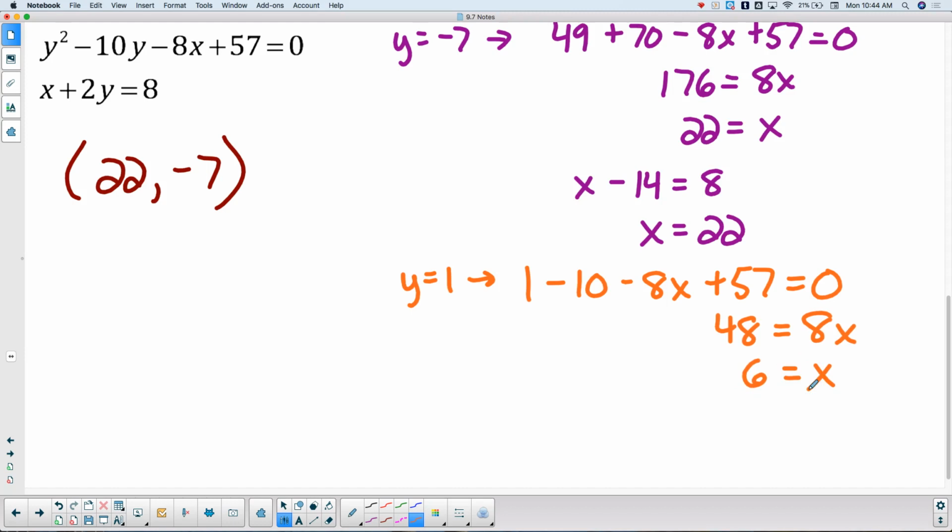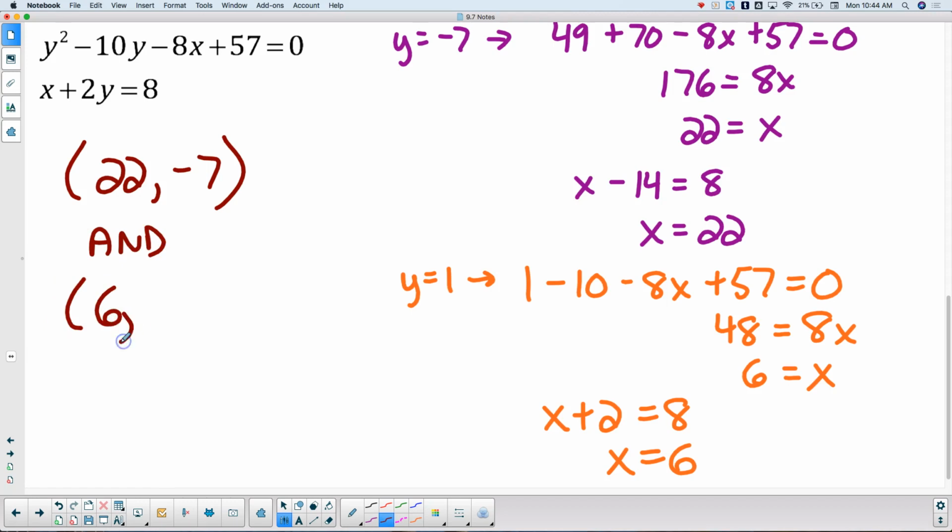And then if I put it into the other one, x plus 2 times 1 is 2 equals 8, so then x equals 6. So my other one is 6, comma 1.